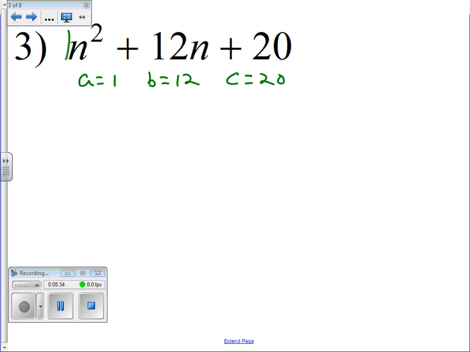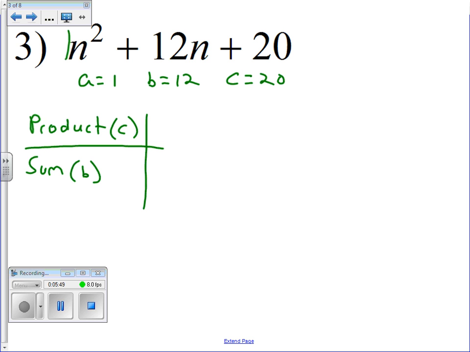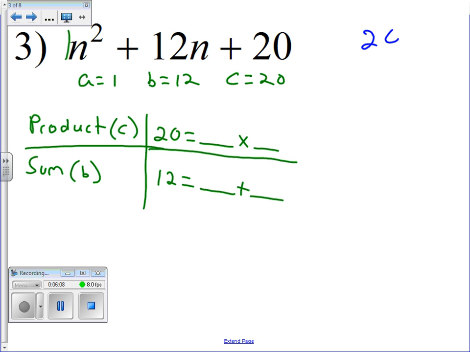I'm doing the product sum method again, so I want my product to be C and my sum to be B. I'm looking for two numbers that multiply together to give me 20 but add to give me 12. What are the factors of 20? You should be tired of this by now: 1 and 20, 2 and 10, 4 and 5.